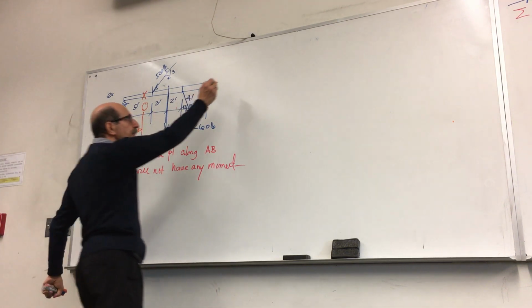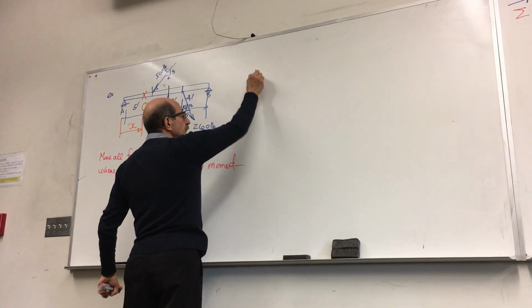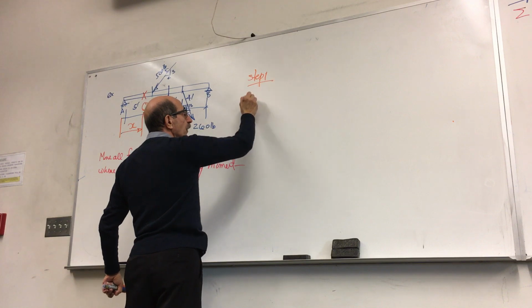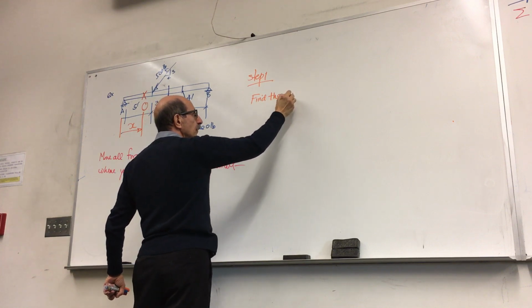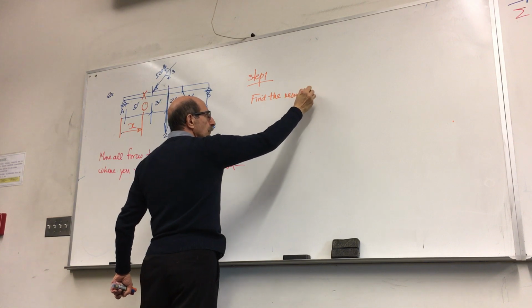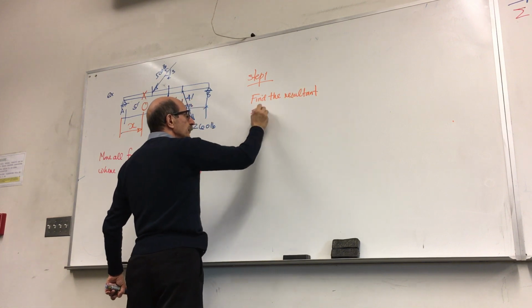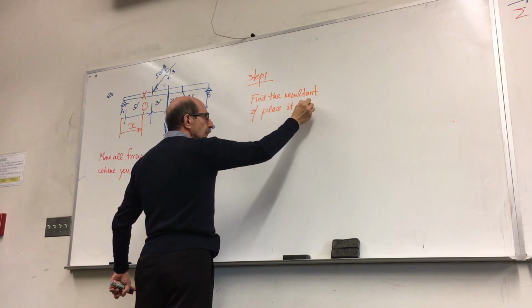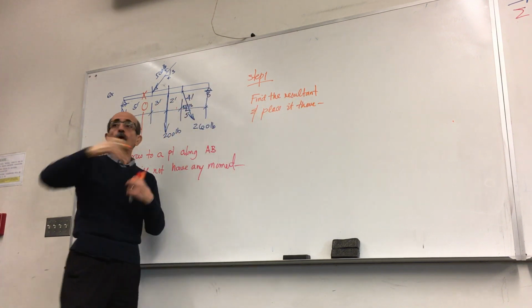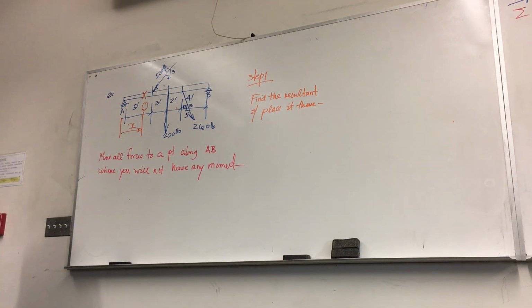Step 1, okay? Step 1, find the resultant and place it there. There is point O, which we don't know the exact location of. But that's the first step.